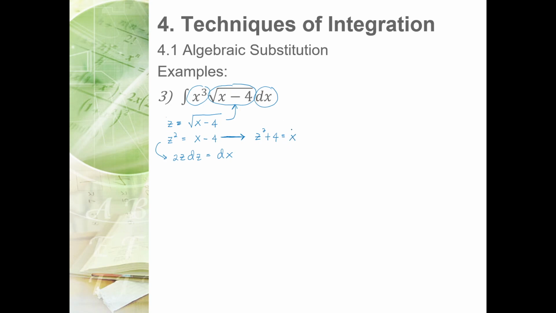Meaning we can let this one be the x variable here. So I think every term in the equation can be replaced already.